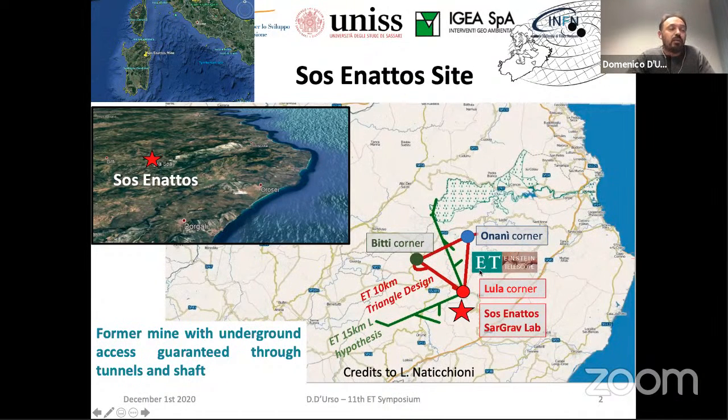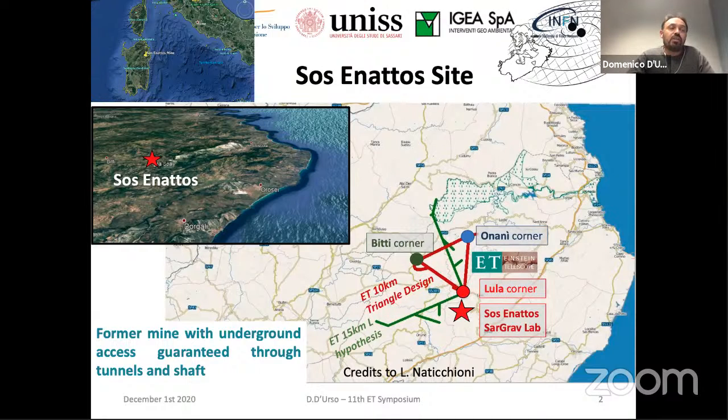The crucial point is that at Sos Enattos, you have a former mine that allows you to access tunnels and underground with shafts and with miners that are still working there.